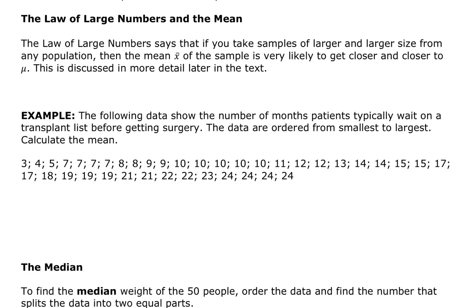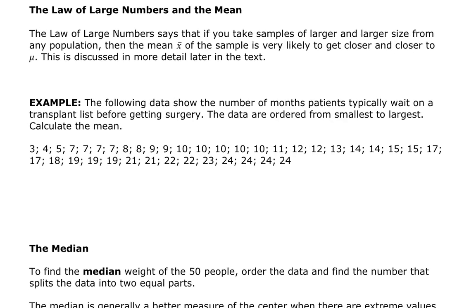So if I wanted to know the mean of this data, the following data, the number of patients typically waiting on a transplant list before getting surgery. The data is ordered from smallest to largest, calculate the mean. Now, the way I would do this is I would add all of these up and then divide by the number of data pieces. I could do it on my calculator, but I'd probably grab this and put it in a spreadsheet.